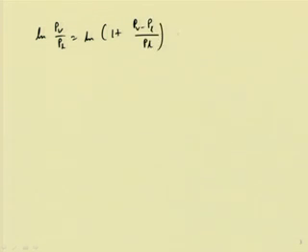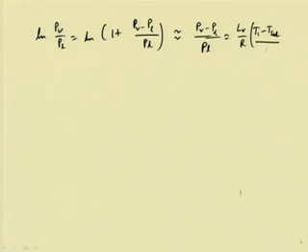So, ln PV by PL we will write as ln of 1 plus PV minus PL by PL, and that can be approximated as PV minus PL by PL, and that becomes equal to, according to the previous equation, Lv by R into T L minus T sat by T L into T sat.